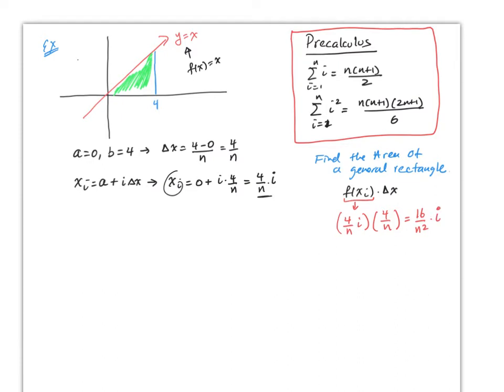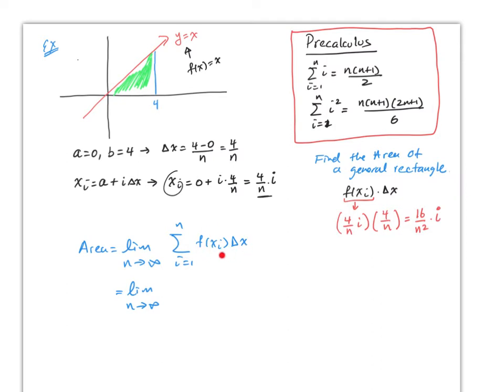Okay. So therefore, remember that the area is going to be the limit as n goes to infinity of the sum from i equals 1 to n of the rectangles. Well, let me actually write it out, where we already found out what each of these is.